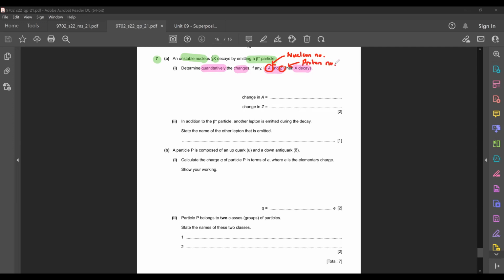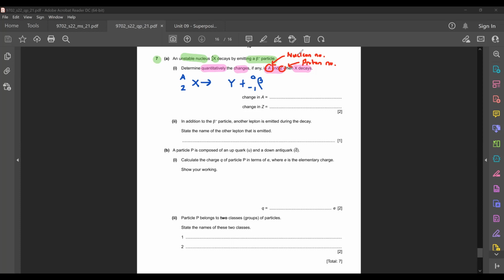So the easy way to find out the changes in the nucleon number and proton number is to write out the nuclear equation. So right now, if I want to write out the nuclear equation, it will be X, A, Z. Let's just say that it becomes an element Y, and then you have a beta minus particle emitted, which is -1, 0.